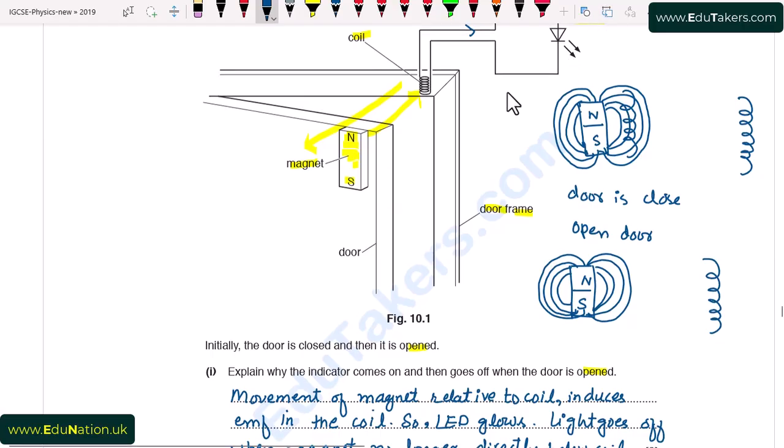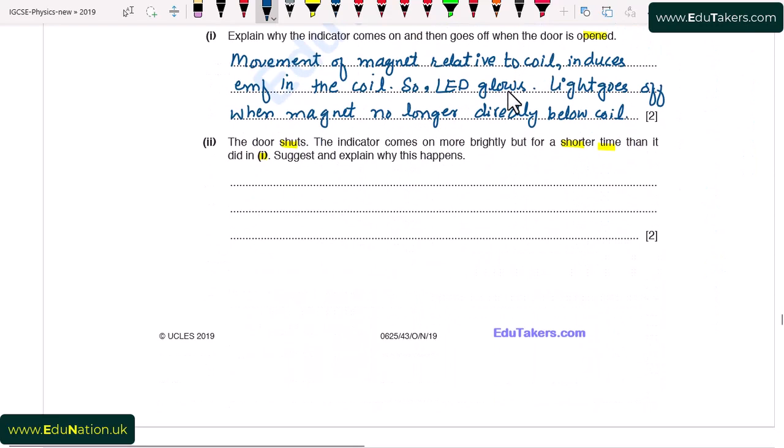And it is given that the indicator comes on more brightly. It means that more current passes through the indicator, that's why the brightness of the indicator increases, but for a shorter time. And when the door is closed quickly, the magnetic field lines linked with the coil change quickly, so there will be the greater current.